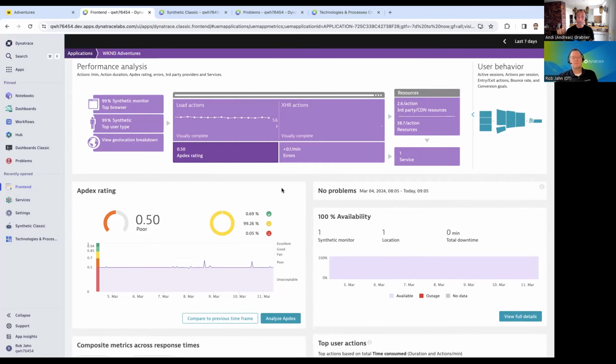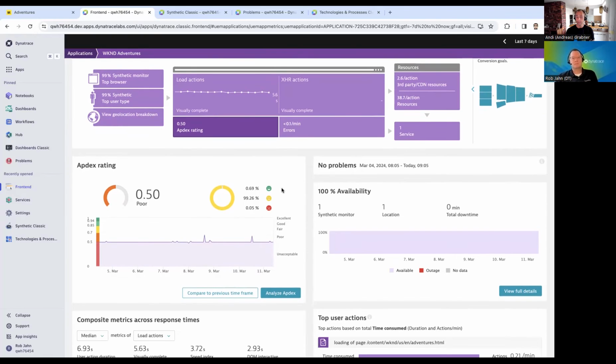I see a lot of organizations say, our company standard is that we should not deliver any websites that have an Apdex rating lower than, let's say, 70 or 80%, or 0.7, 0.8. So I think Apdex is great and that you get it out of the box here for your applications that are hosted on AEM. That's perfect.